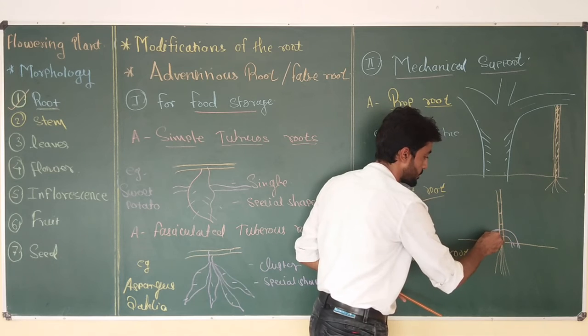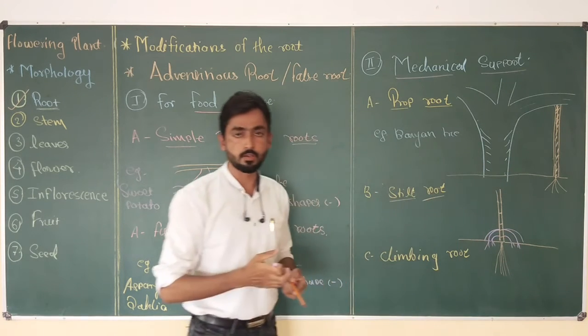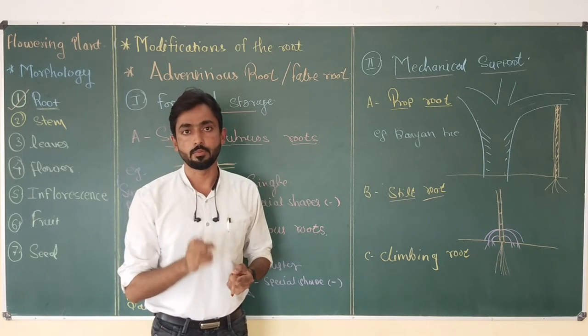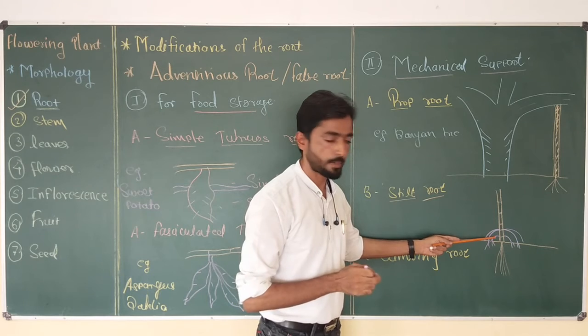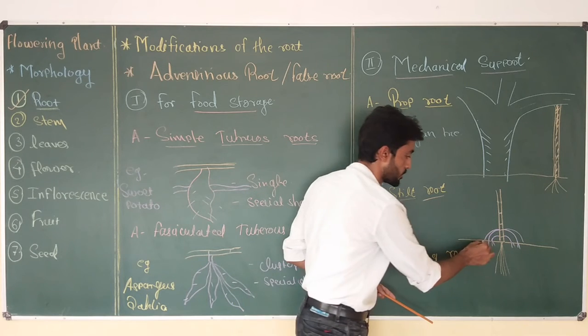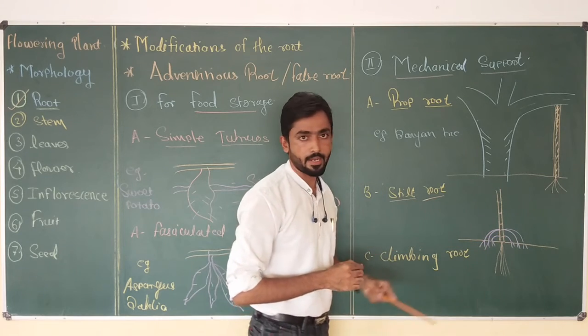So this type of root will be observed in plants which have weak, long, slender stems. And after entry into the soil, this root system provides mechanical support for the plant.